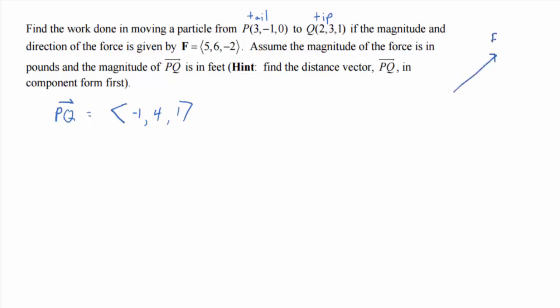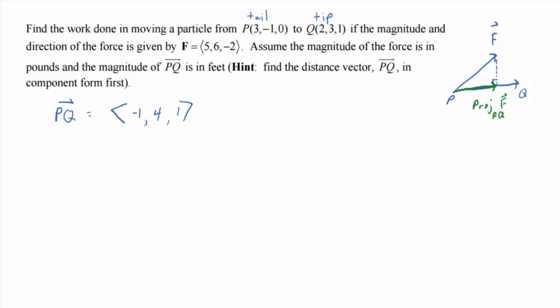If we had a force vector projected onto a displacement vector, which we often called PQ, or V, then this guy here, I'll do it in green, is your projection of F onto PQ, right? Does that ring a bell? And then what is work? Work is the force in the direction of motion times the distance that you move the object, right?